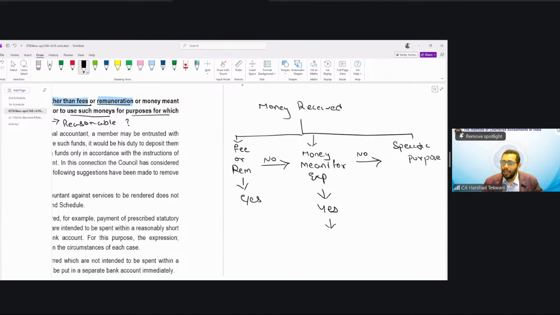Specific purpose can be investment, can be holding the money in trust, or any purpose. Then the last option: is it for a specific purpose? Definitely yes. If that is a yes, then you need to keep it in a separate bank account.